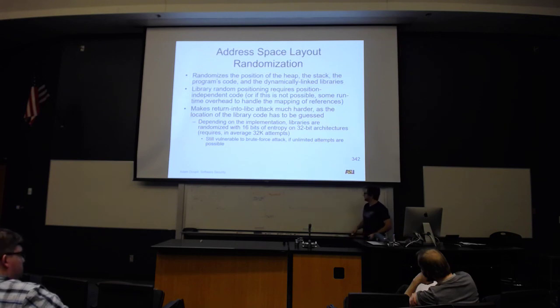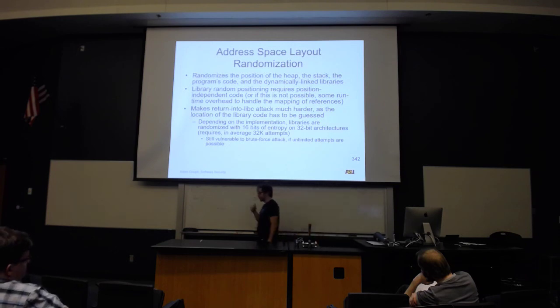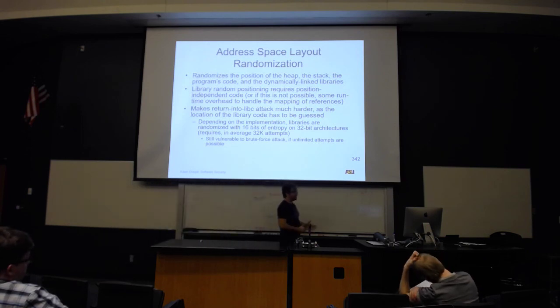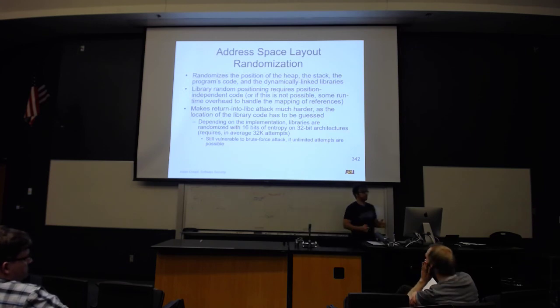Generally speaking, you want some large set of data for the heap. You don't want it to interfere with the stack. Realistically speaking, libraries, depending on the implementation of ASLR and so forth, have anywhere from 8 to 19 bits of entropy where they can be placed. 8 is obviously trivial, right?